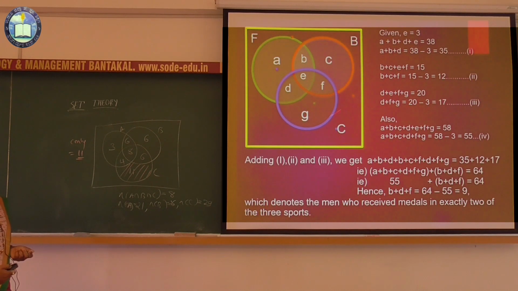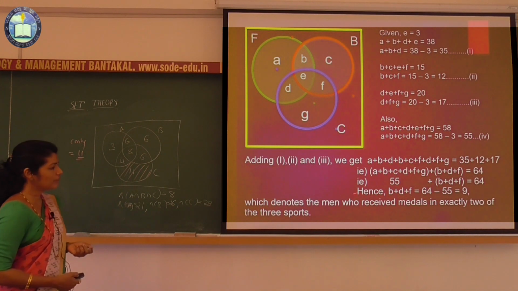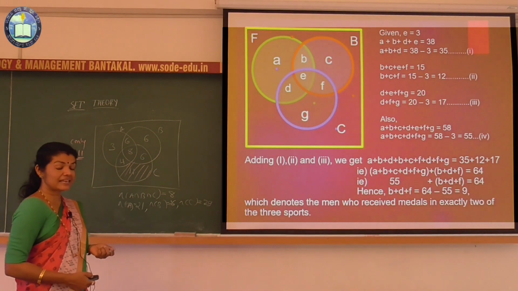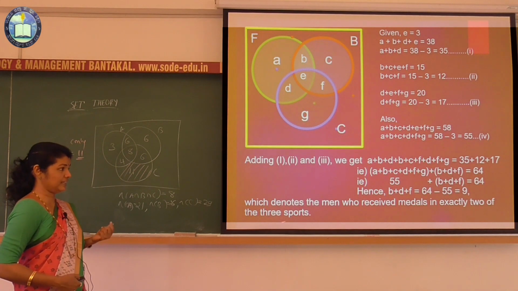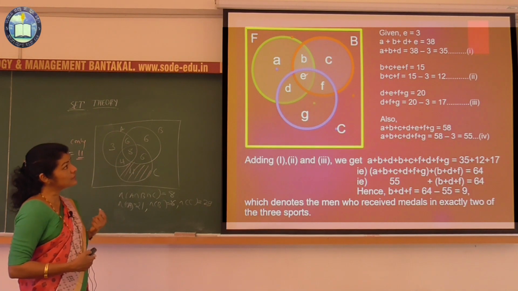Now if you add all these data, total goes to 58. If you subtract that 3, all the 3 together gives you 55. Now the question is the number of people who received awards exactly in 2 of the 3. But this 3 appeared 3 times. You have to subtract that.